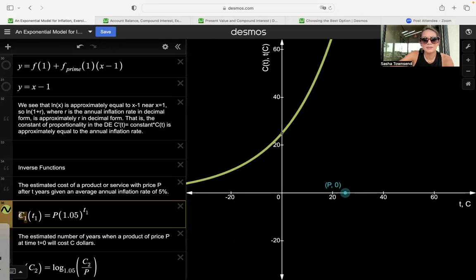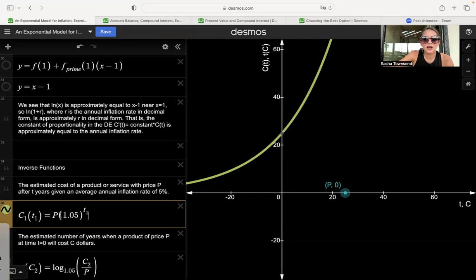So the present cost of the product as a function of the number of years since we initially measured that price is equal to the price right now, the price at time t equals 0, times 1.05 raised to the t, where t is the number of years since it was that price p. So when we graph that, we see at time t equals 0, we get the original price.